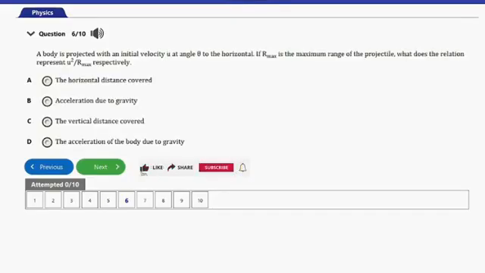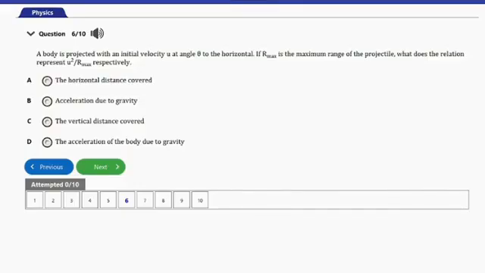So the next question we have here is question number 6. It says, a body is projected with an initial velocity u at an angle theta to the horizontal. If R max is the maximum range of the projectile, what does the relation u squared over R max represent?